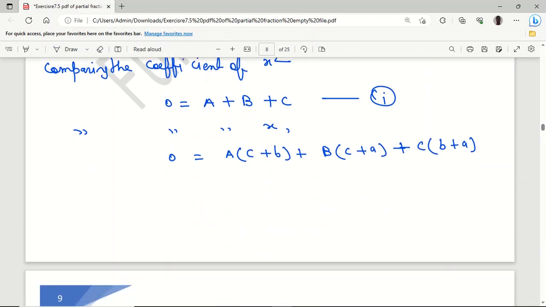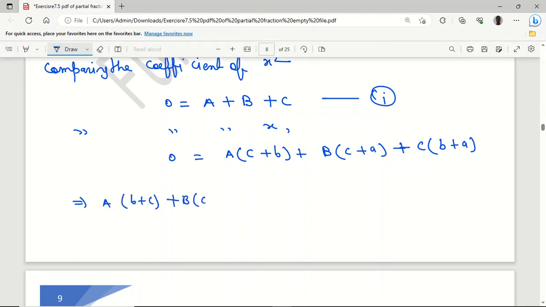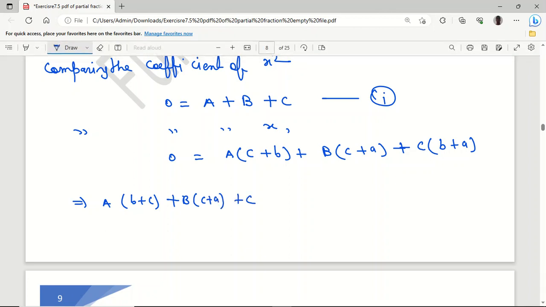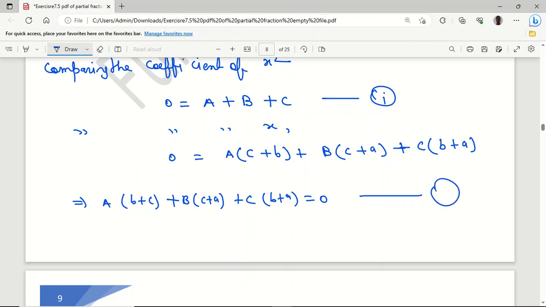Capital A, B, C are some particular values that will be given in all remaining questions, but here they have not been given such values for this question. So I have here again an equation: A into (B plus C) plus B into (C plus A) plus C into (B plus A) equal to 0. This is the second equation.